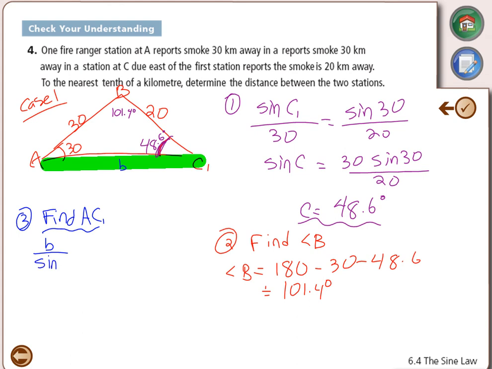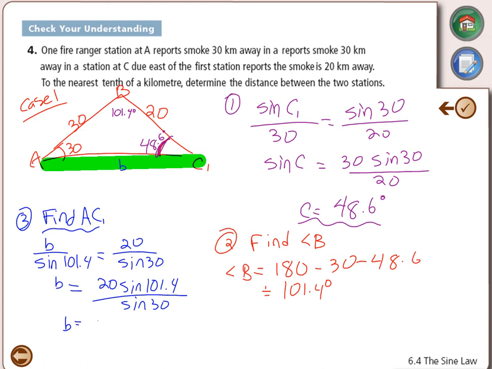So b over sine of B equals, let's use the 30 that they gave us, 20 over the sine of 30. So b is equal to 20 sine 101.4 over sine 30. Punch that into our calculator. We get approximately 39.2 kilometers.